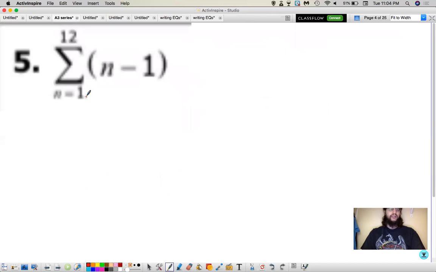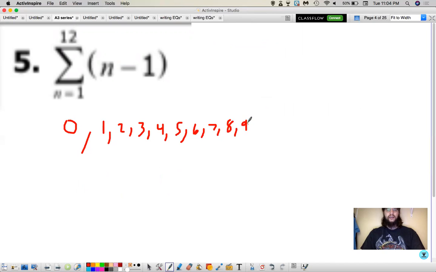Sorry about the blurriness. We start at 1, go all the way to 12, and we're just taking 1 away. So 1 minus 1 is 0, 2 minus 1 is 1, and so on, 11 minus 1 is 10, 12 minus 1 is 11.